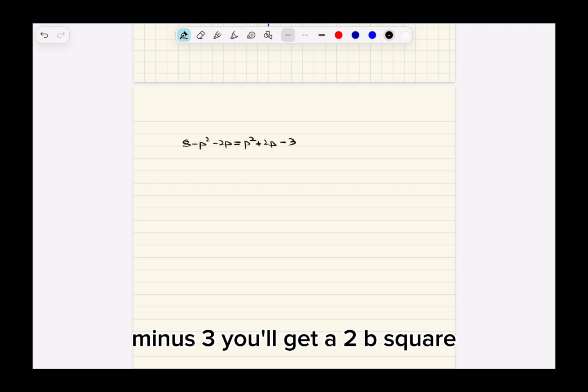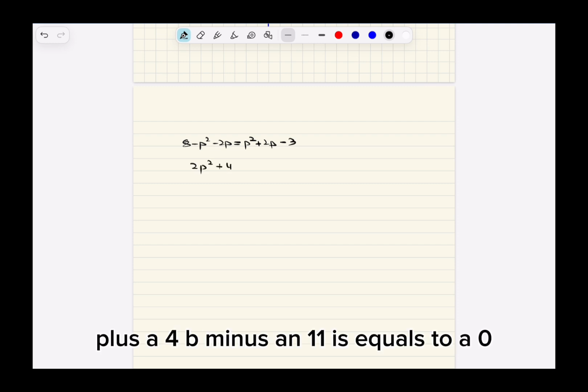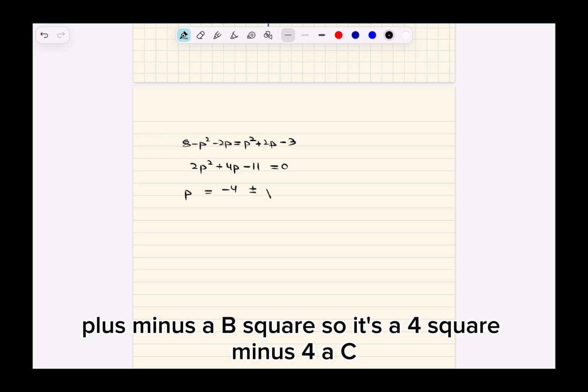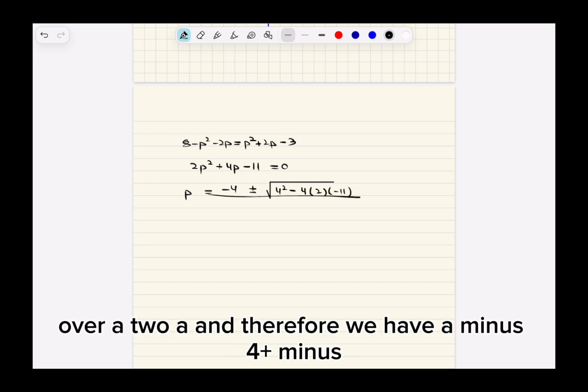Minus 3, we'll get 2p squared plus 4p minus 11 equals 0. So p is equal to minus b plus or minus the square root of b squared minus 4ac, over 2a.